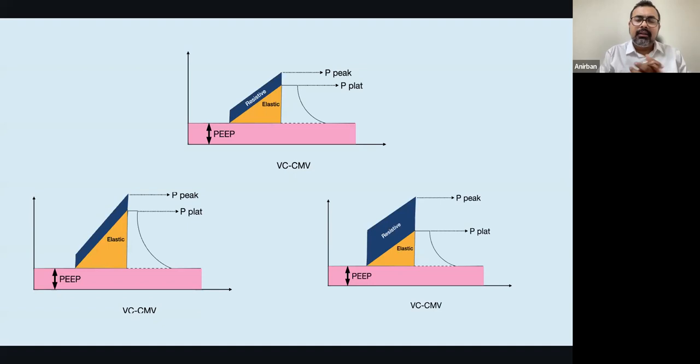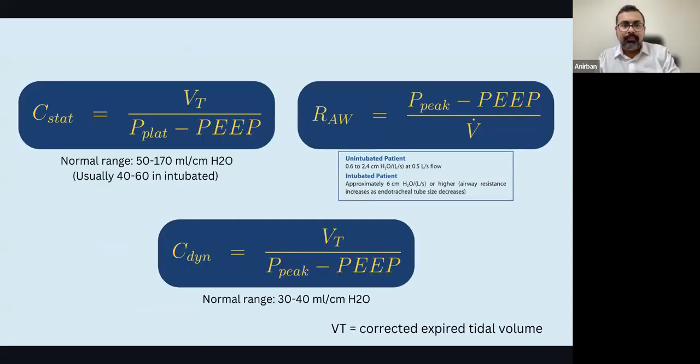So this is where your respiratory system compliance goes down, and that is when both your peak and plateau pressure will be high. So monitoring this peak and plateau pressure will give us an idea about your respiratory system compliance and your airway resistance. If you want to go deep into it, these are the calculations that can be done: the static compliance, airway resistance, and dynamic compliance. I will not discuss it in detail here.